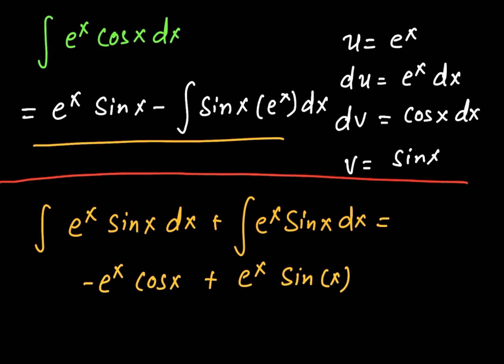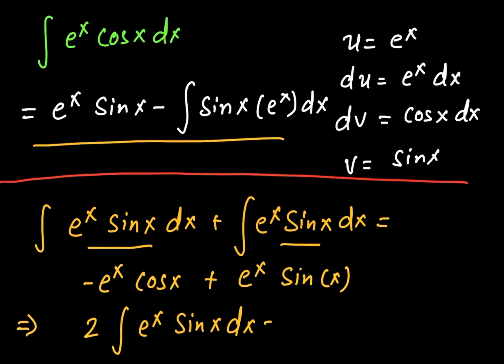Okay. Now adding these two terms on the left hand side, you will have 2 times the integral of e to the power x sine x dx. And on the right hand side, we will have e to the power x sine x minus e to the power x cos x. Now to solve it further, we will be taking the common terms out.